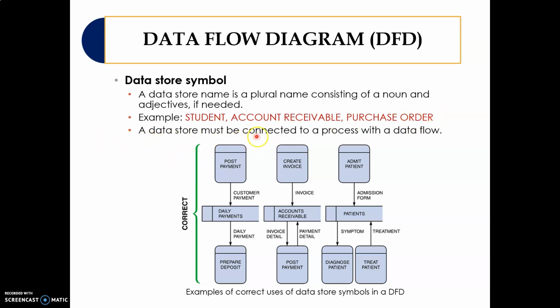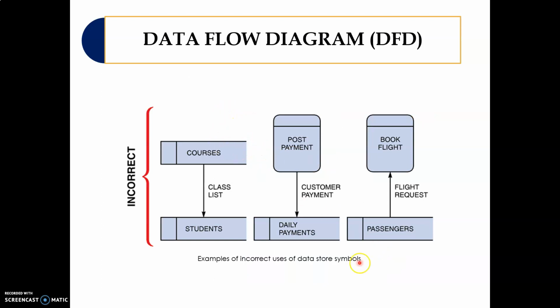It must be connected to a process with a data flow. This is an example of correct use of data store symbols in a DFD, and this one is an incorrect use of data store symbols.